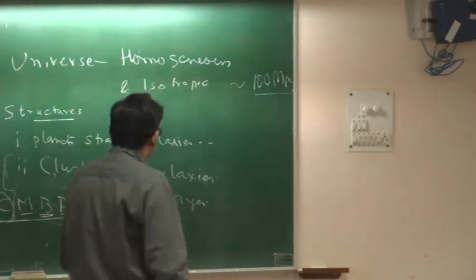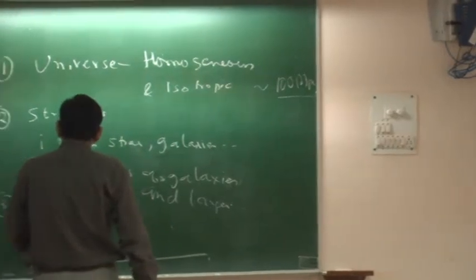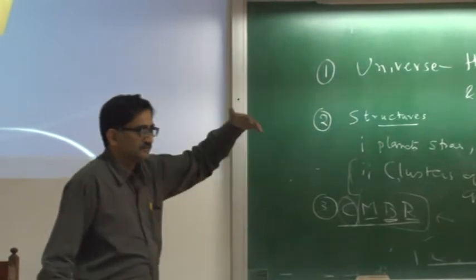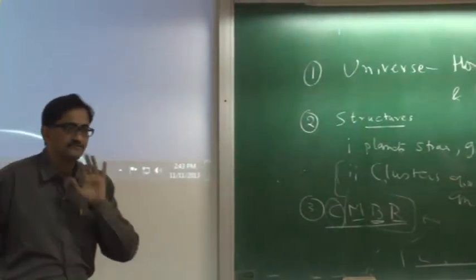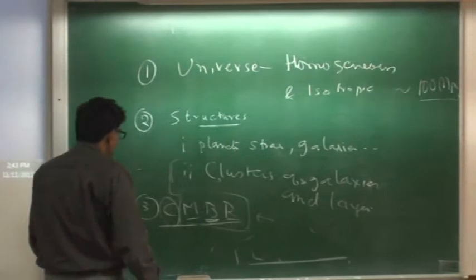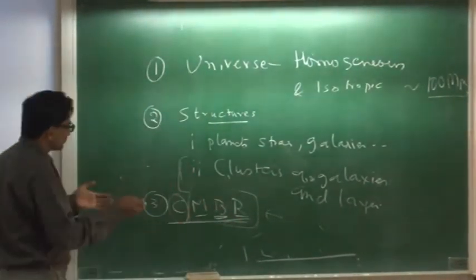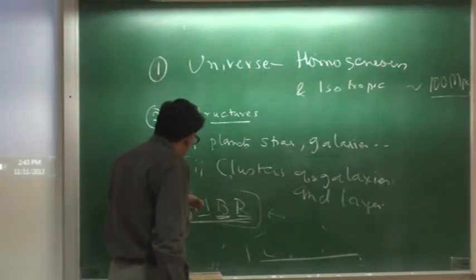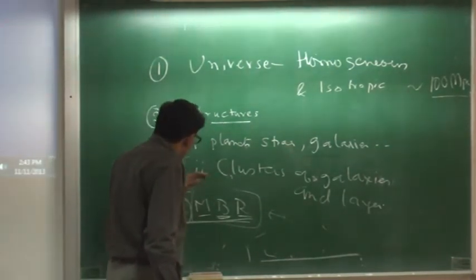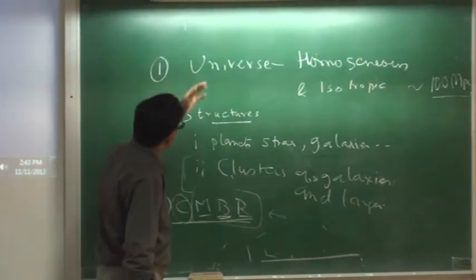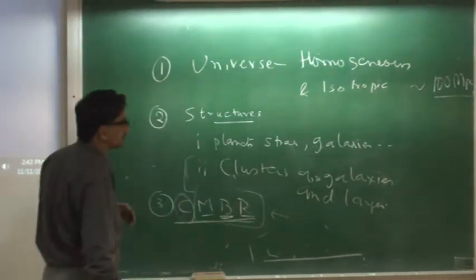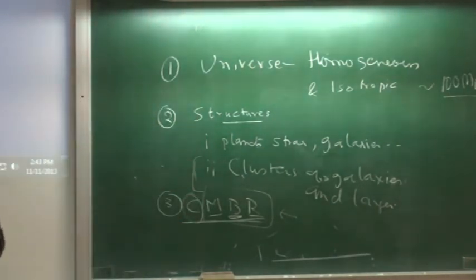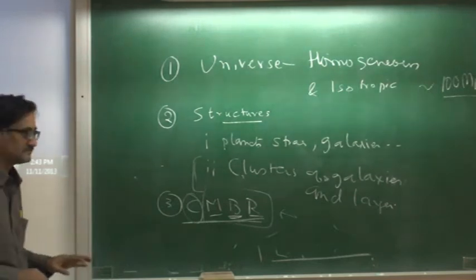So in some sense, it carries information from when the universe was around 700,000 years old, right till here with hardly any modification. So it is of pristine nature. And these two things which I described, both the homogeneous and isotropic evolution of the overall universe, as well as the large-scale structures, both have their own imprints on the microwave background.